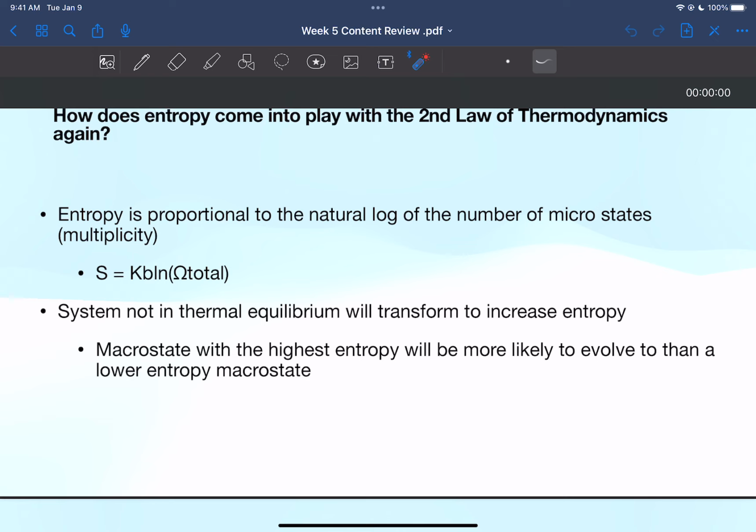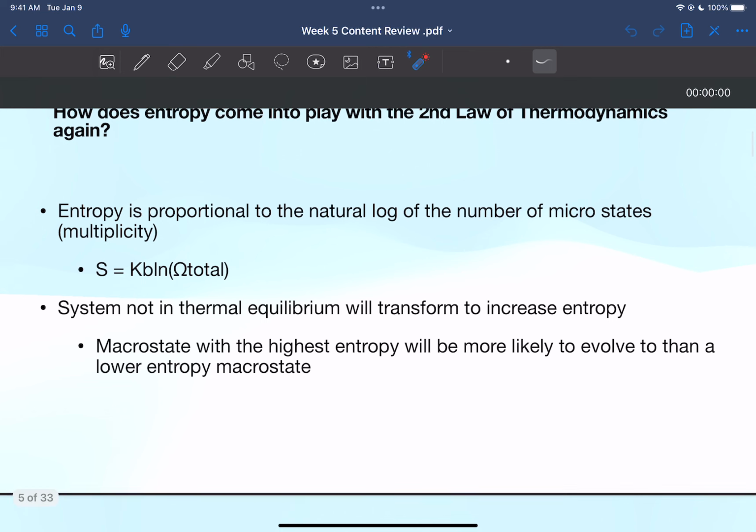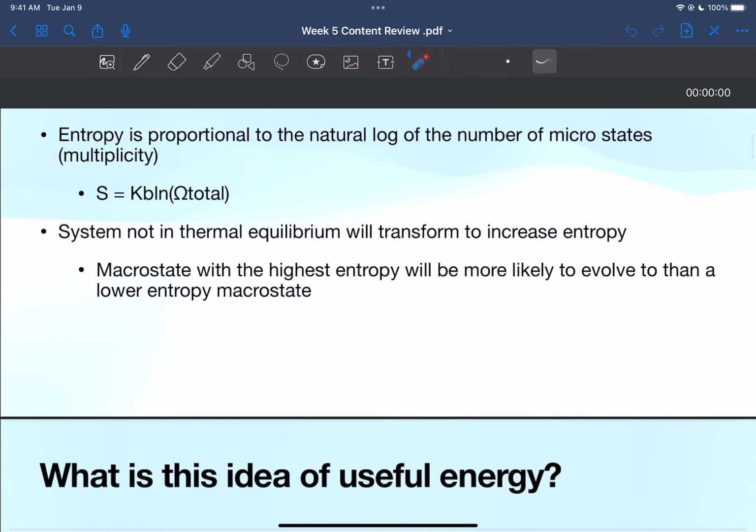So we're trying to achieve a greater number of positions, more ways we can arrange those water particles and store their energy. So the macrostate with the highest entropy will be more likely to evolve than a lower entropy macrostate. Remember, a macrostate is a big overarching event that has specific microstates corresponding to it.